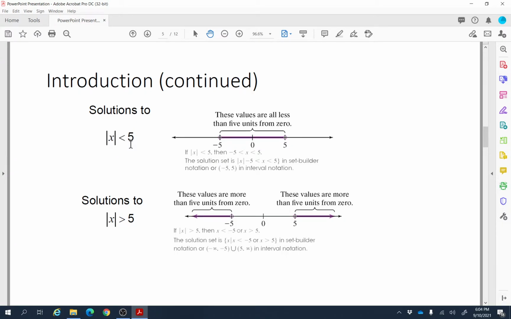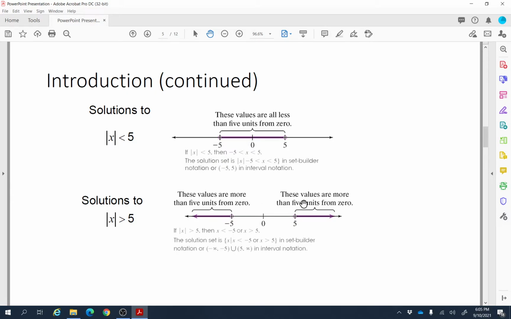Here for this one, any number which is more than 5 units far from the origin would be a solution of this inequality. If you look here, anything greater than 5 or anything less than negative 5 would be more than 5 units from 0. So the solution for the first inequality is anything in between negative 5 and positive 5, whereas the solution of this inequality is anything less than negative 5 or greater than positive 5.